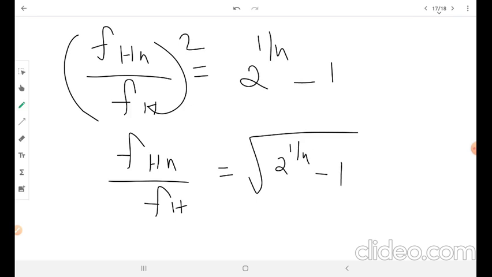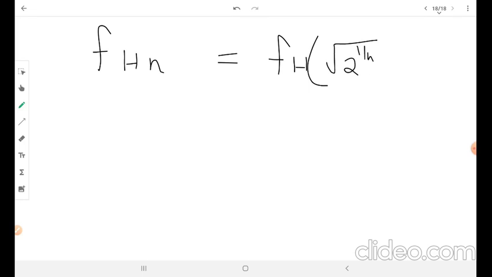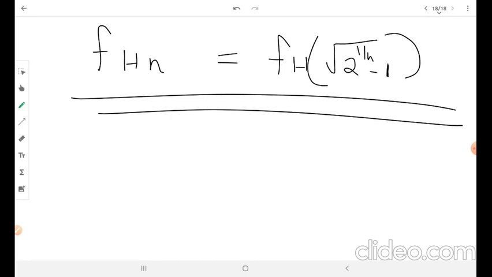So the overall upper cutoff frequency FHN is equal to FH, the upper cutoff frequency of individual stages, into root of 2 raised to 1 by n minus 1. Here we can see that the overall upper cutoff frequency for an n stage cascaded amplifier is decreased by a factor root of 2 raised to 1 by n minus 1.